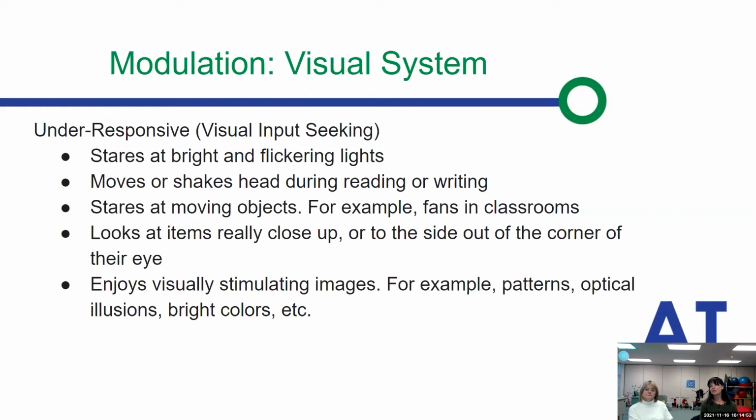They look at items really close up to see those pixels on the computer or the iPad, and they love all of those programs where the color changes as you draw. Or they're the ones that zoom through all of the videos just to get all that visual input and not actually get any information from what they're watching.